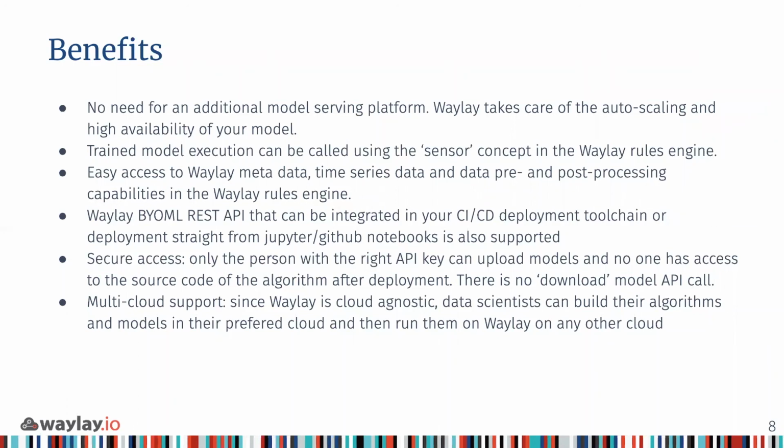So if your algorithm needs particular features, that is a combination of data coming from your sensors, with features coming from your metadata, with features coming from maybe an external inventory database, well, it's pretty easy for Waylay to gather that data and then combine it together, enrich it before sending it to your algorithm.